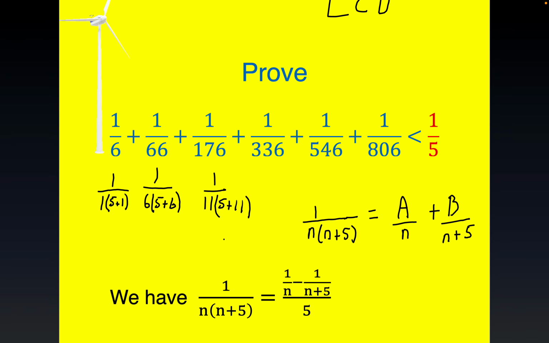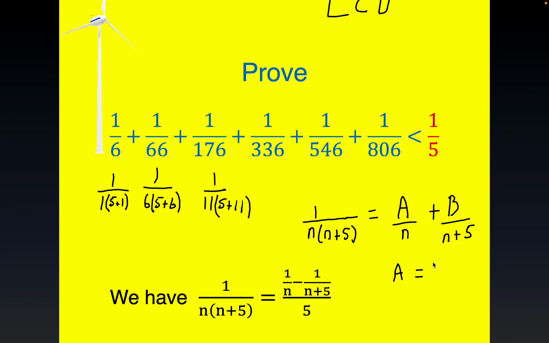Now notice you don't have any n terms in the numerator right here. You just have a constant term 1. Now what you'll do is convert this to a single fraction, which is easy to do, A times n plus 5 plus B times n, and then you equate it to just 1, and you will end up getting A equals 1/5. Again, I'll skip that work.